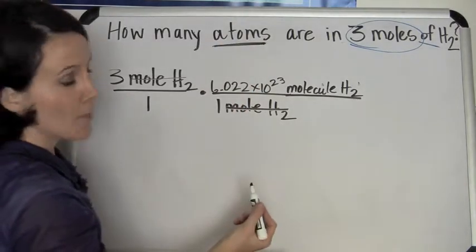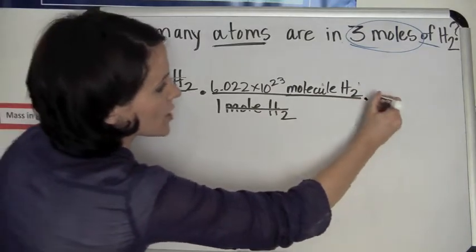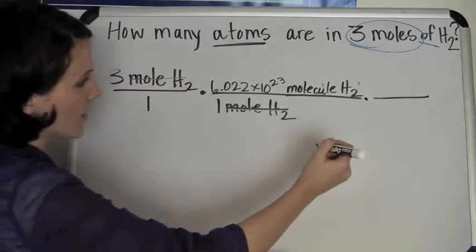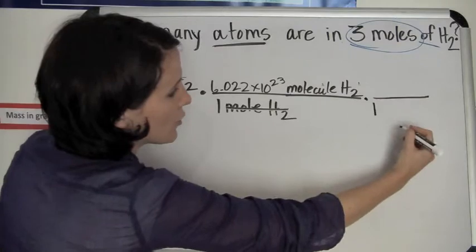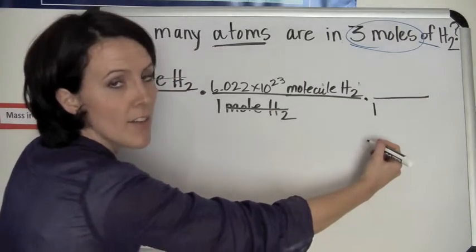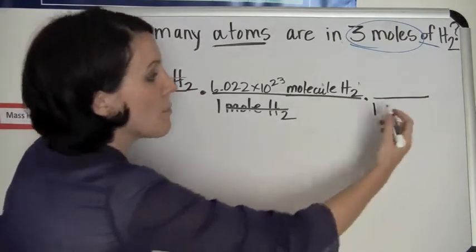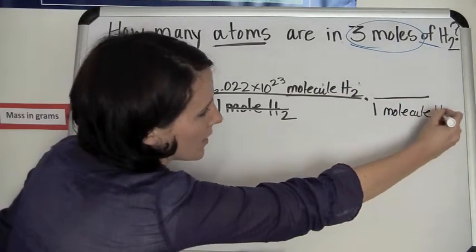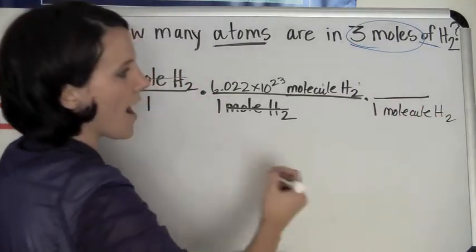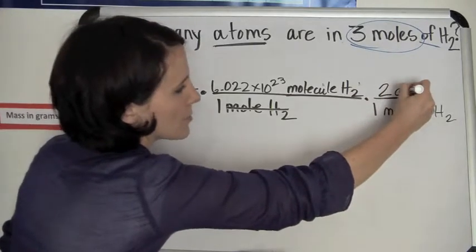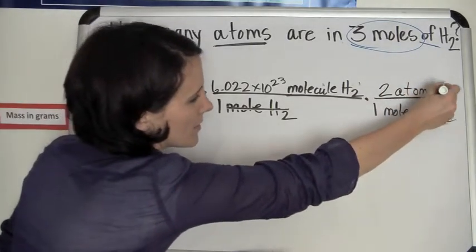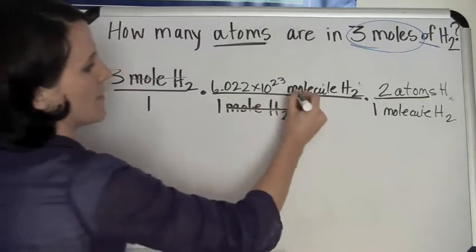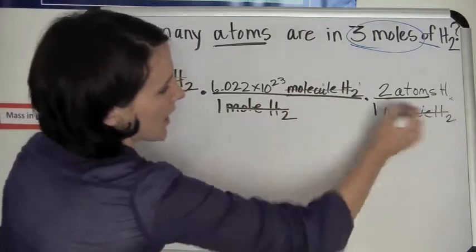What's my next step? I can do one more ratio. I know that in 1 formula unit of elemental hydrogen, or in 1 molecule of elemental hydrogen, I have 2 atoms of hydrogen. That unit will cancel out with that unit.